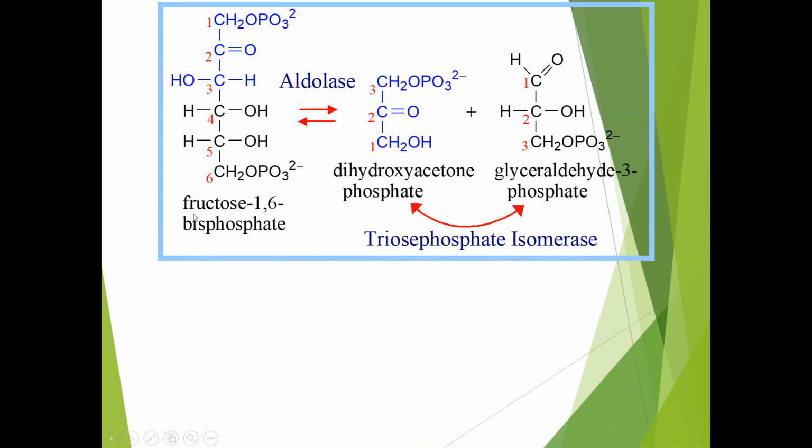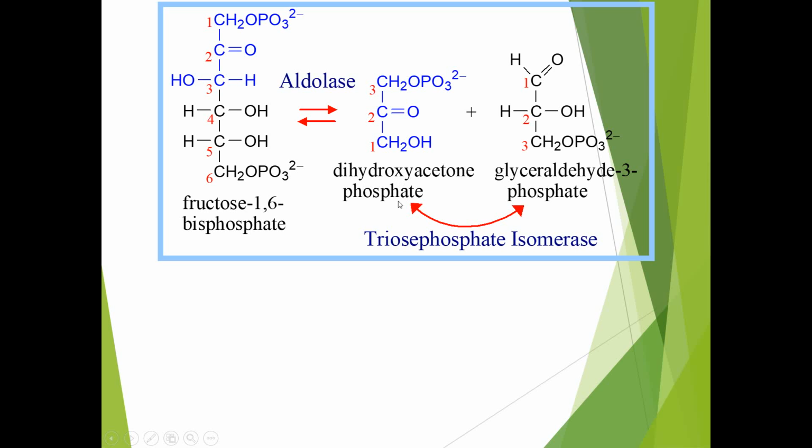Next step: fructose 1,6 bisphosphate gets converted into dihydroxyacetone phosphate and glyceraldehyde 3 phosphate. For this conversion the aldolase enzyme is essential, and this step of glycolysis is also known as the splitting stage. Here a 6 carbon containing compound gets converted into two 3 carbon containing compounds.